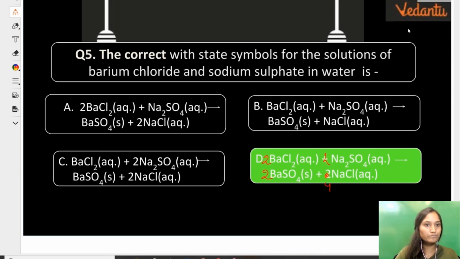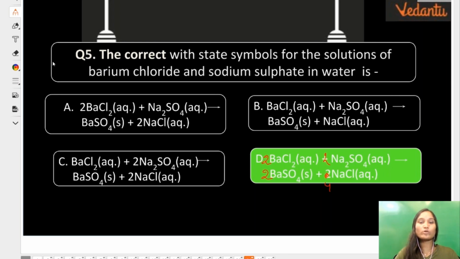Before that, there is one doubt. Guys, before I give you the WhatsApp number, let me quickly resolve this doubt also. Can we use L in place of aqueous? No. We cannot use liquid physical state in place of aqueous. Liquid is just a liquid. It need not necessarily be water.